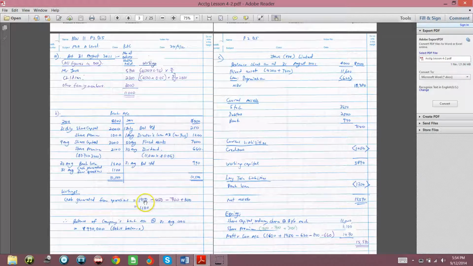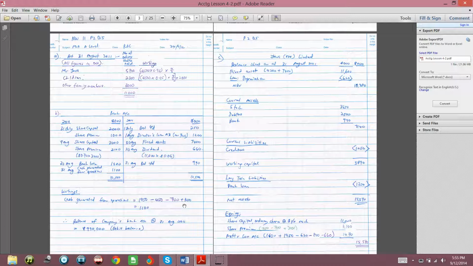So that means your accounting profit before depreciation, minus the cash outflow caused by the increase in stock, minus the cash outflow caused by the increase in debtors, and creditors increased by 1250. You see, creditors are people whom we owe money to. In other words, creditors are those we borrow money from, because we owe them, so indirectly we borrow money from them.